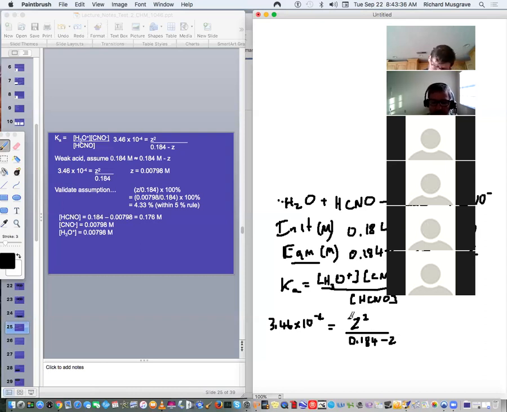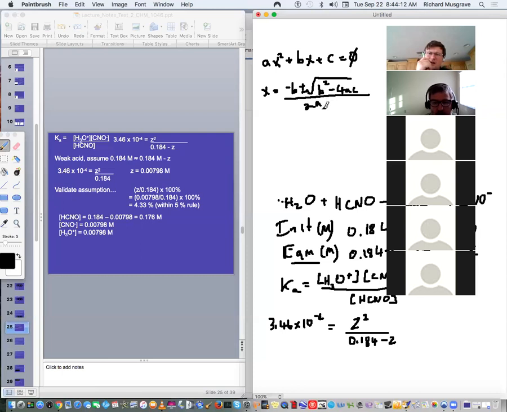You could distribute it and end up with something that looks like AX squared plus BX plus C. And the quadratic formula for that, let's see, remember, you can solve for x. X is going to equal negative b plus or minus square root of b squared minus 4ac all over 2a, right? You can do that if you wanted to.